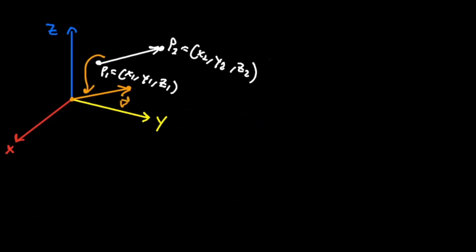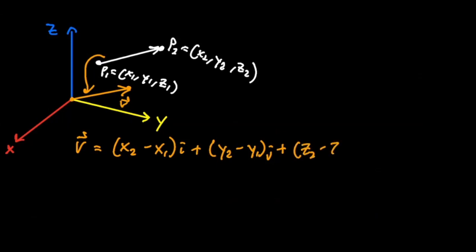We could call this vector v. And the coordinates for v are just going to be the differences between x, y, and z. So v in this case is just going to be (x2 - x1)i plus (y2 - y1)j plus (z2 - z1)k.